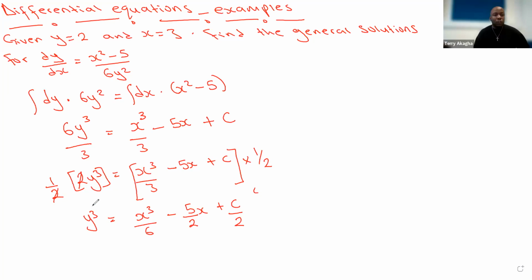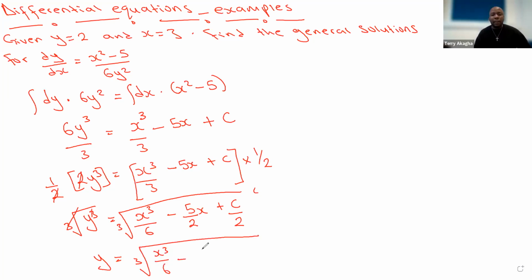Now, in order to remove this cube, I'll take the cube root of both sides. So this will cancel this. So we have y will be equal to the cube root of x cubed over 6 minus 5 over 2x plus c over 2.